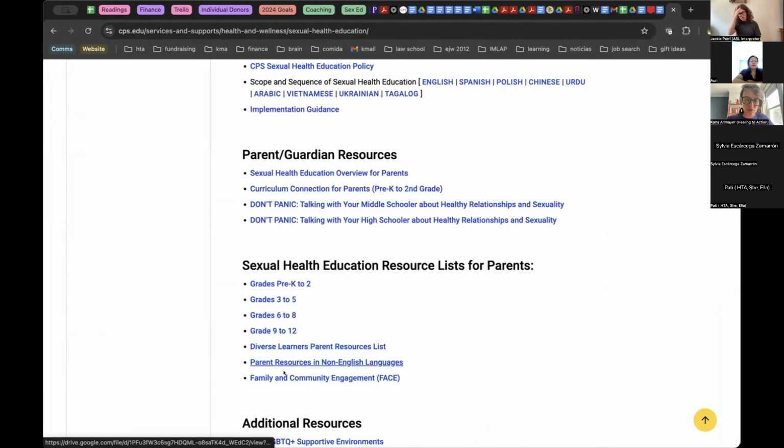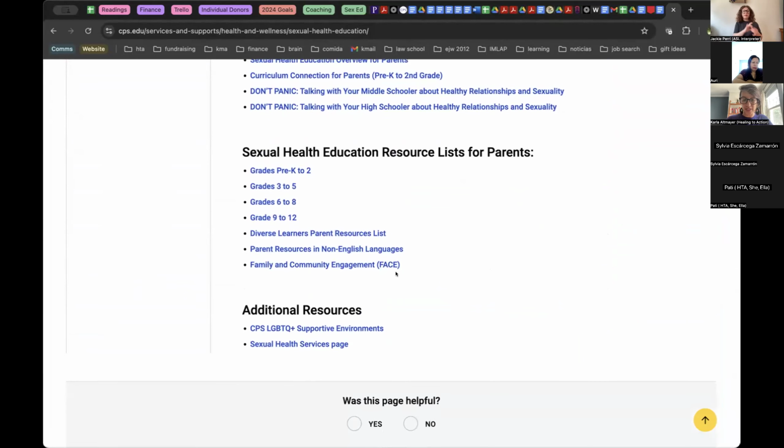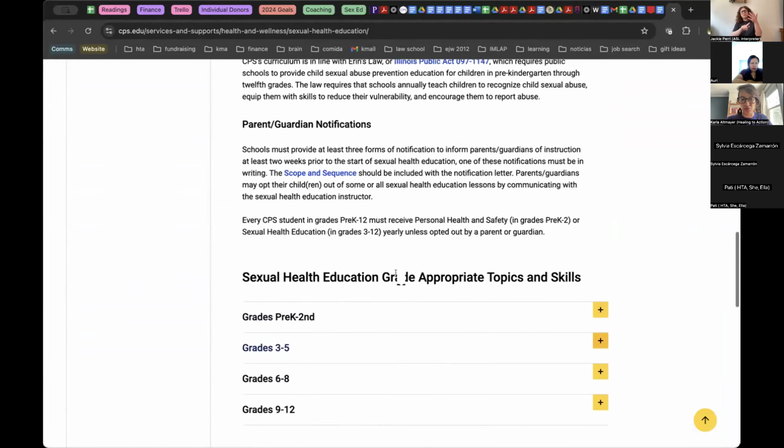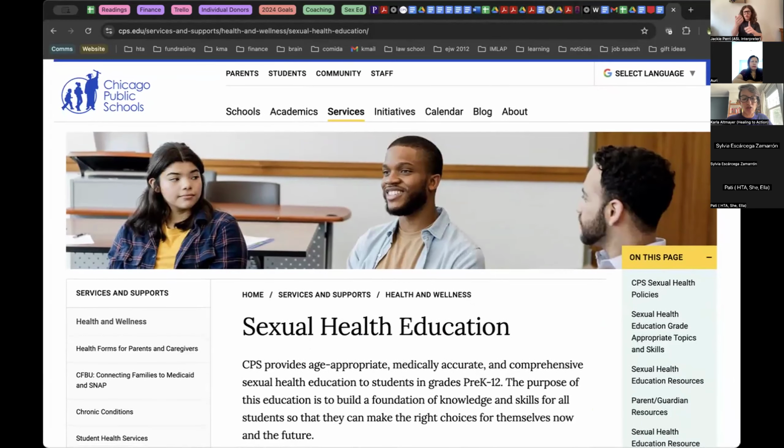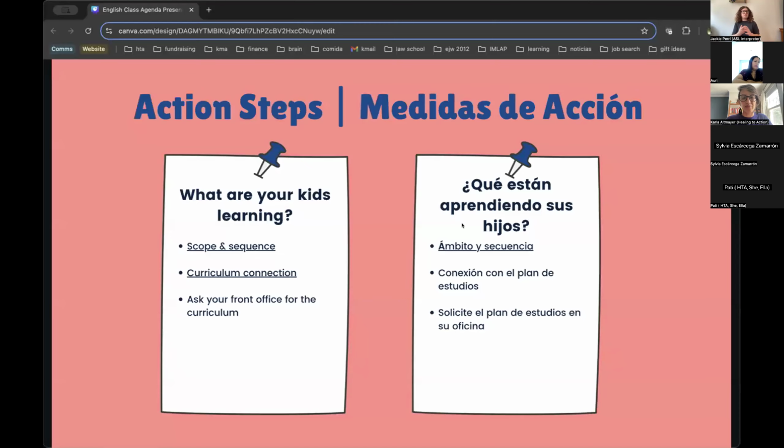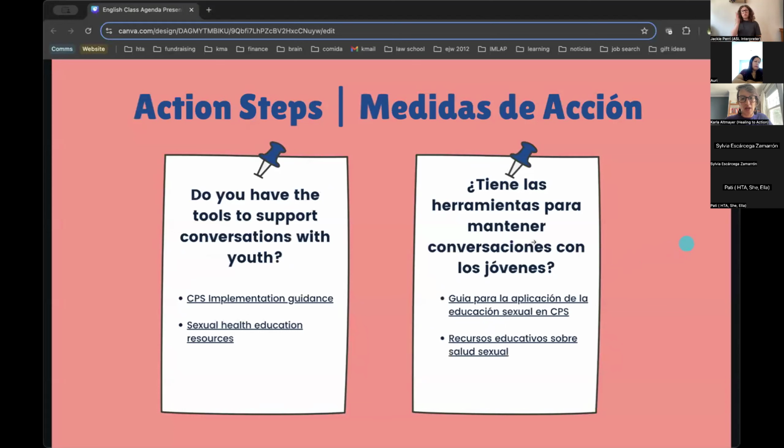Here are the resources for parents. There are materials here you can look through to inform yourself more about the content, so that you are better able to support your kid and start having those conversations. Again, I think information is very helpful to do that.